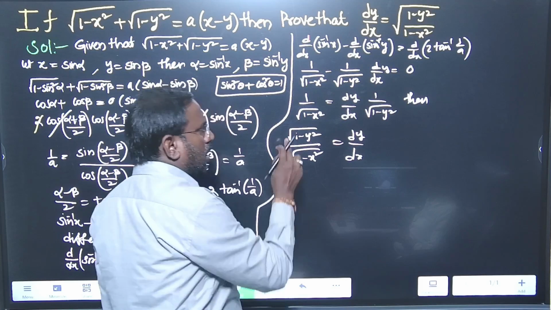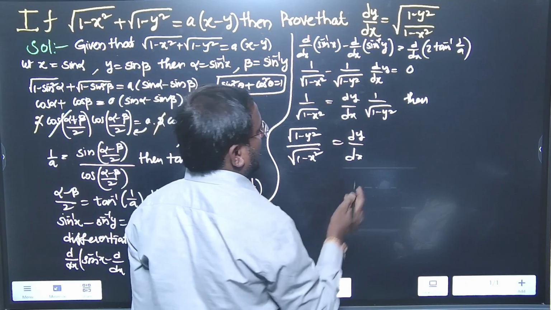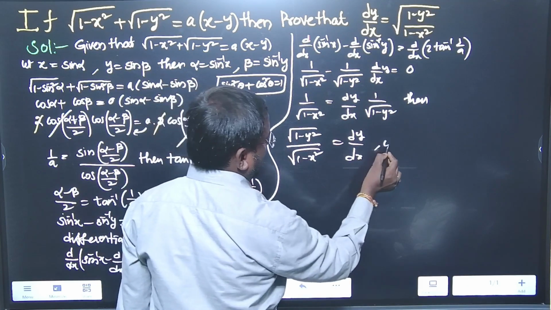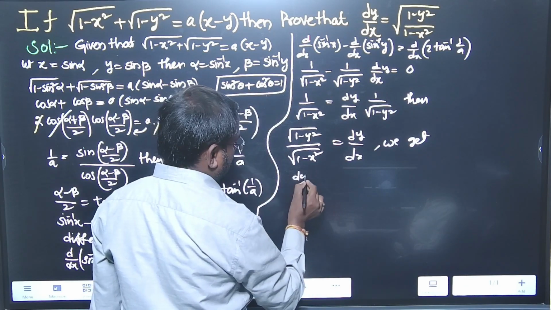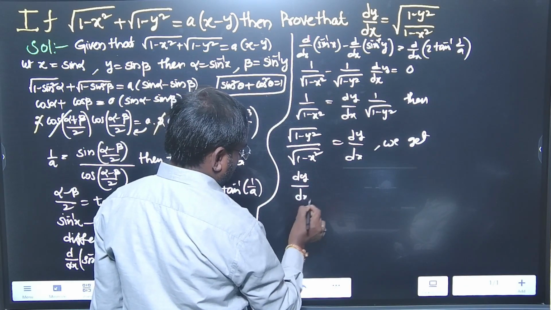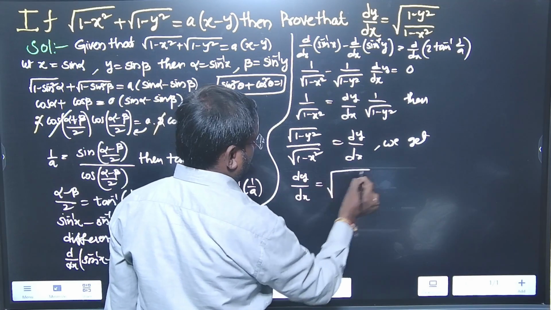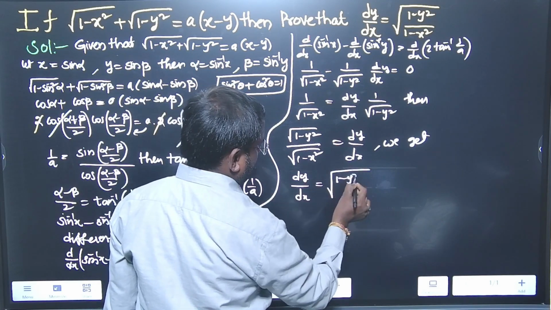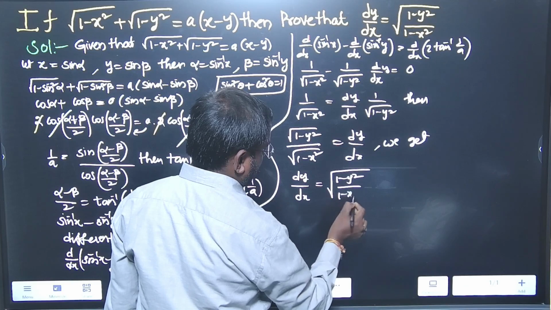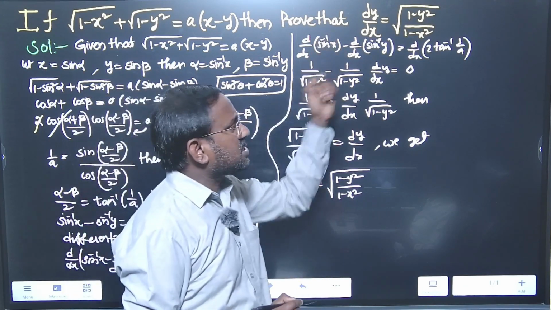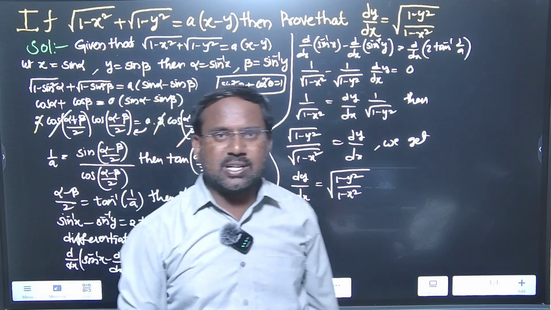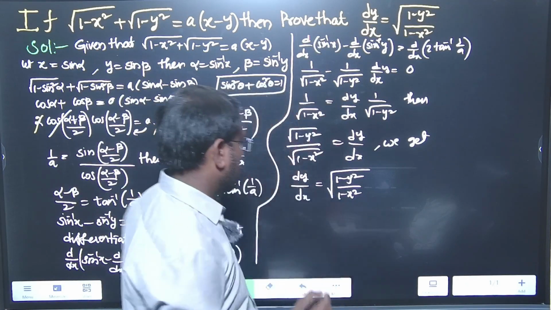Basic formula: root a by root b is equal to root of a by b. We get the next step, students: dy by dx is equal to under root of (1 minus y square) by (1 minus x square). What is our result, student? Required result: dy by dx is equal to root over (1 minus y square) by (1 minus x square). Hence proved.